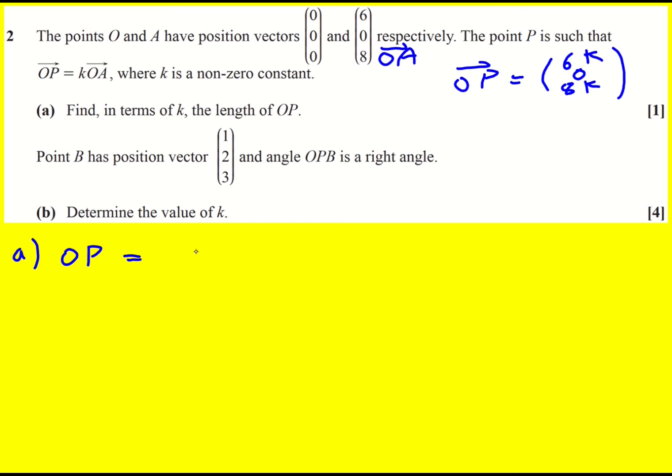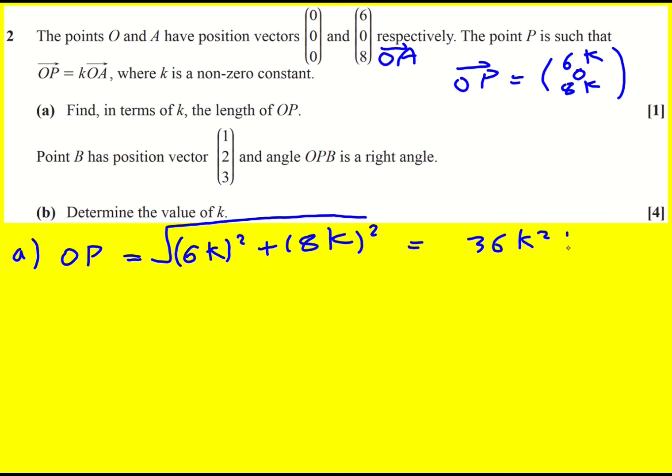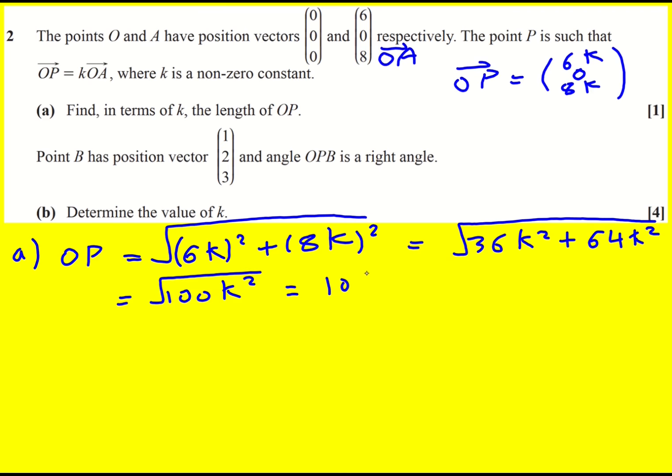OP is going to be 6K squared plus 8K squared, all square rooted, which is 36K squared plus 64K squared, square rooted, which is 100K squared, square rooted. Now, if you write 10K, you'll get the mark, but technically K could be negative, and you can't have a negative length. So the proper answer is to write 10 modulus of K.